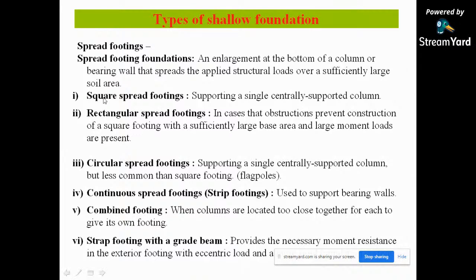Next is the square spread footing, supporting a single centrally supported column, that is, the load is acting directly on the axial part of the column to the footing. Next is your rectangular spread footing. In such cases, obstacles prevent construction of a square footing with a sufficiently large base area, and large moment loads are present.